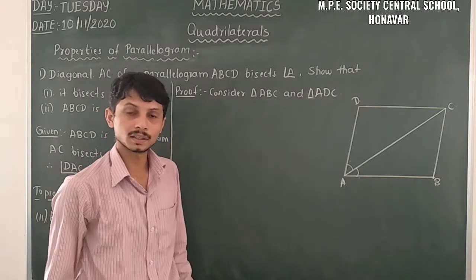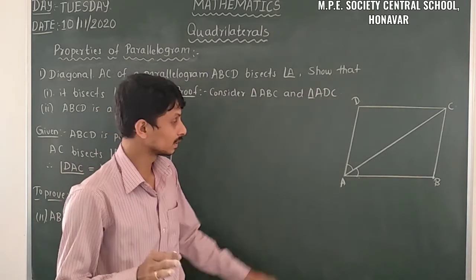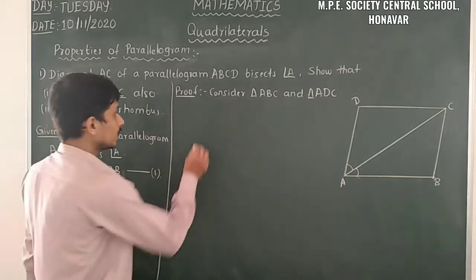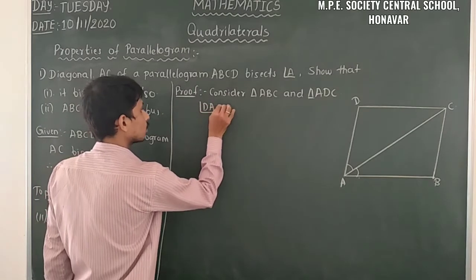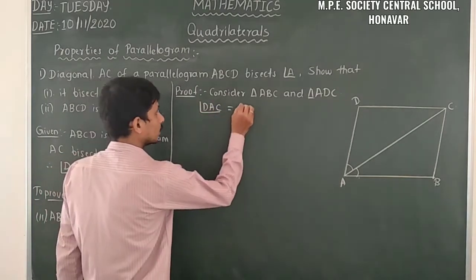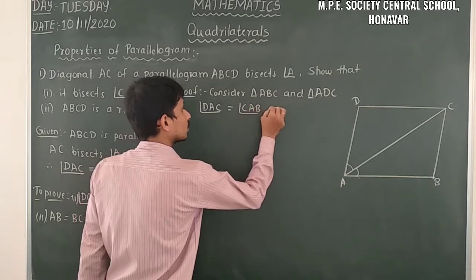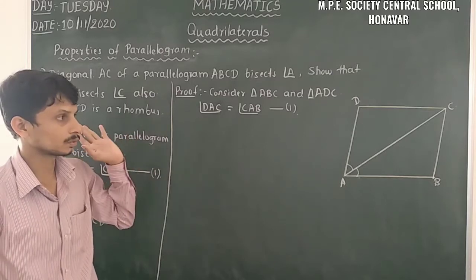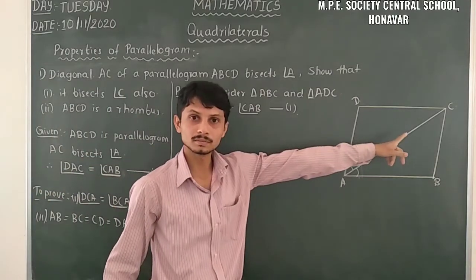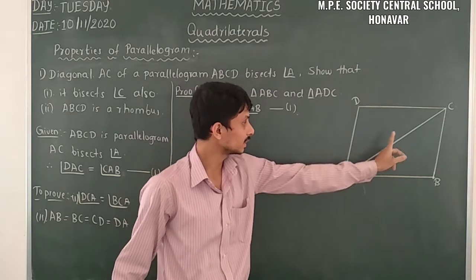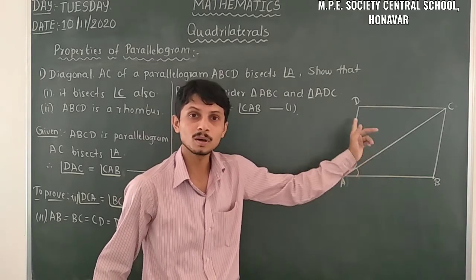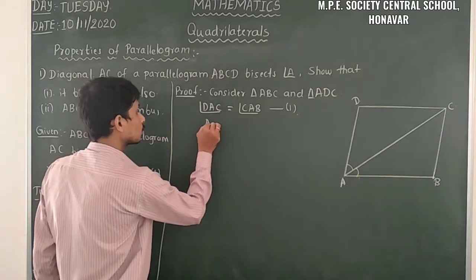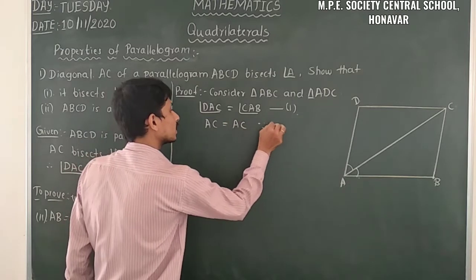Here we have a given term, that is angle DAC is equal to angle CAB, which is equation number 1. And we have one common side: AC is a common side for both triangles, so AC is equal to AC because it is common.